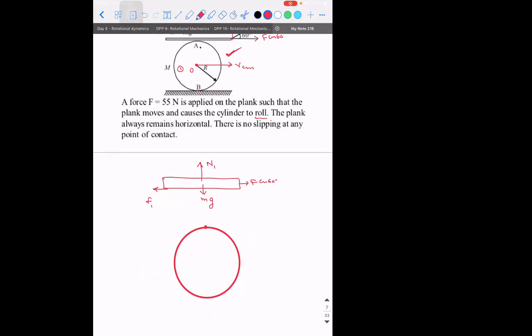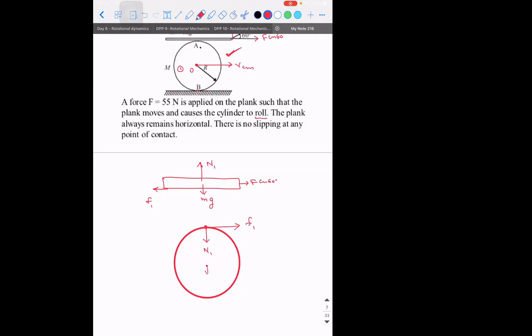So friction at this point, which is in contact with the plank, will act in which direction? Rightward direction. It will act in the rightward direction. Right? So normal force here will be in the downward direction, N1.